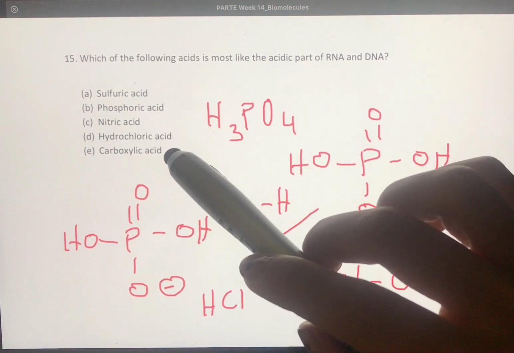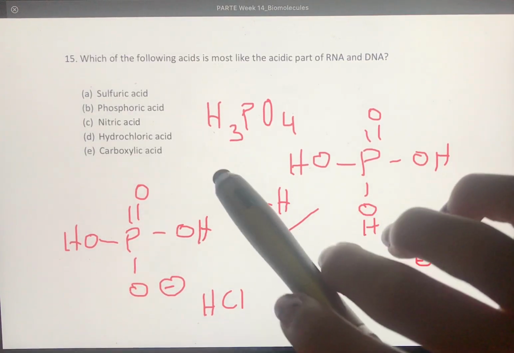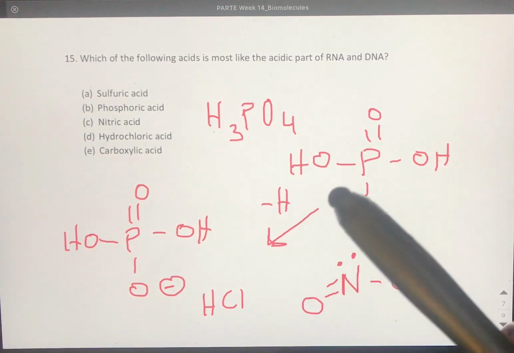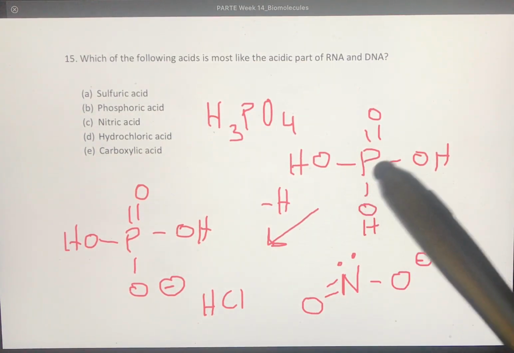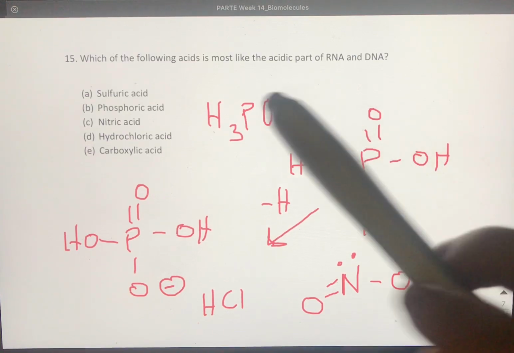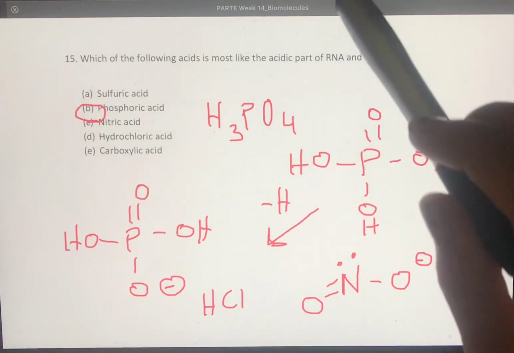And then carboxylic acid, we don't actually have any carboxylic acids in DNA. We have hydroxyl groups, but we don't have any carboxylic acids. So that one might seem like one that you could pick because it's found so often in the biomolecules, but it's not found in DNA. So the answer here is going to be phosphoric acid.